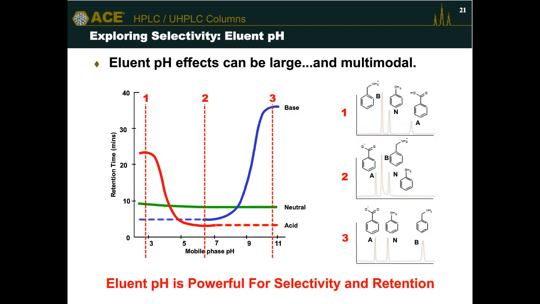And the worst place to work is on one of these high gradients where very small changes in your mobile phase pH lead to significant changes in your retention time, because that's not going to be a robust method. You're going to have such stringent controls on your buffer that it's not really viable to then put that into a QC environment, for example.